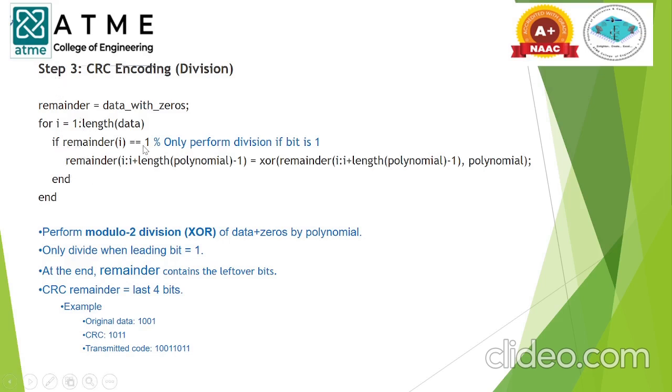If the remainder bit is equal to 1, only then perform the division. This is the code wherein we will be XORing the initial bit with the multiplied bit, and finally getting the value. This will be done repetitively until we reach the point wherein all are divided.